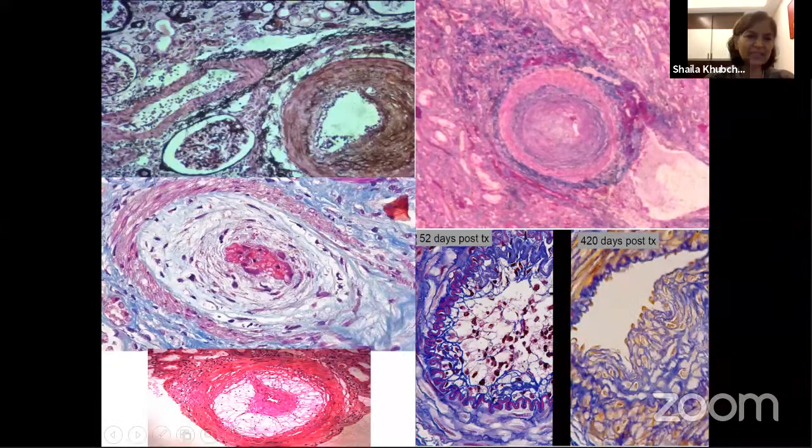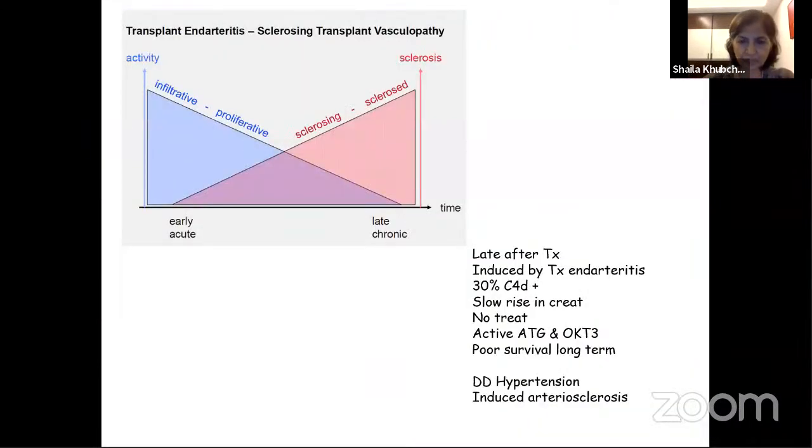And once this stage is reached, we don't need to wait to know this, because your creatinine is going to go up, and then there is no hope for this transplant. Therefore, we have to be able to decide between activity and chronicity before we can do any form of active treatment.